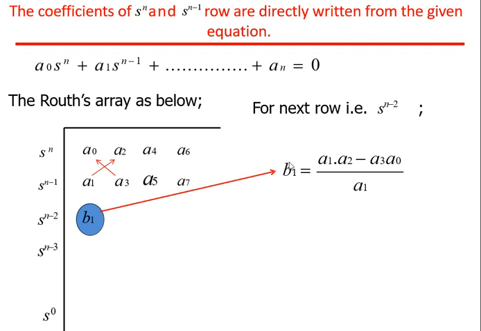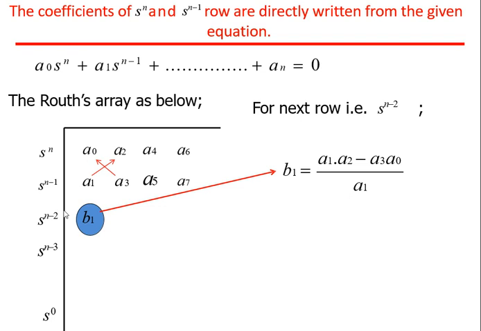Here a1 into a2 means what? This and this are multiplied, minus a3 into a0, divided by a1.